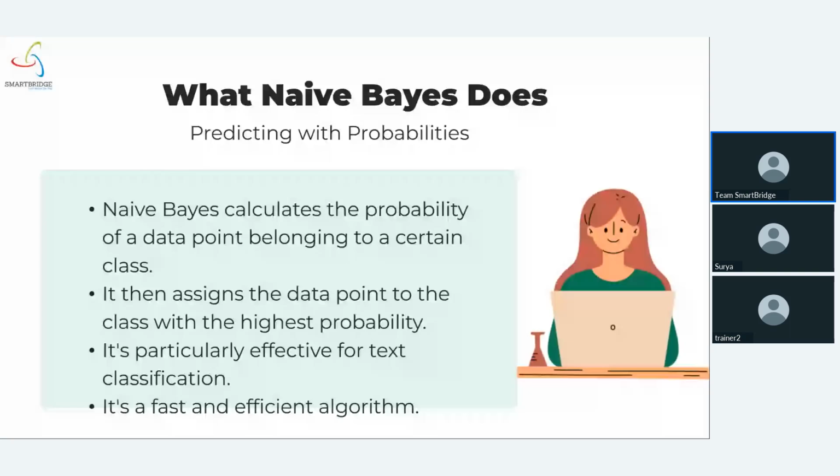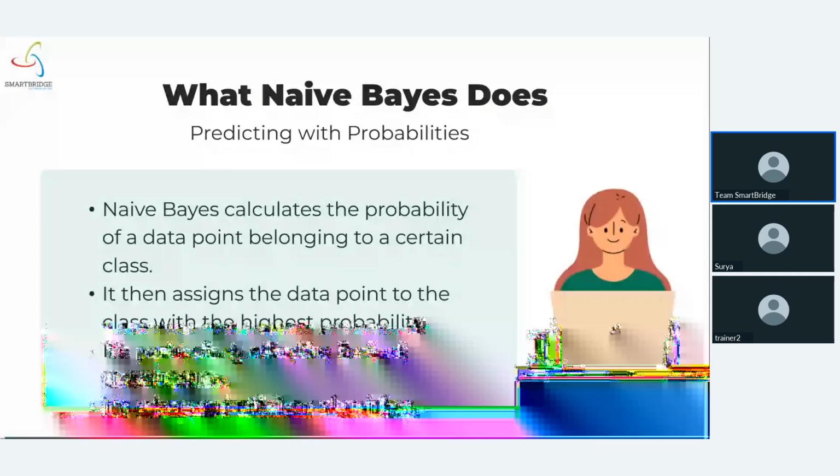It's a mathematical formula that allows us to update our beliefs about an event based on new evidence. Think of it like this: you have an initial belief about something, and you get new information. Bayes theorem will help you combine this new information with your belief to get a revised, more accurate belief.